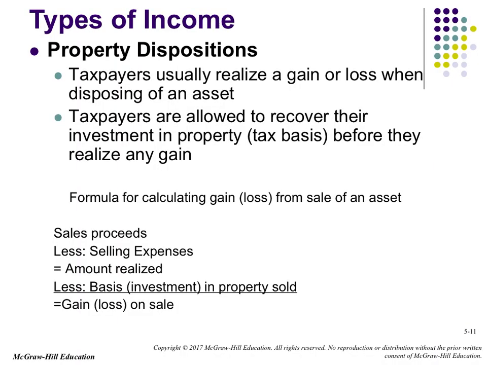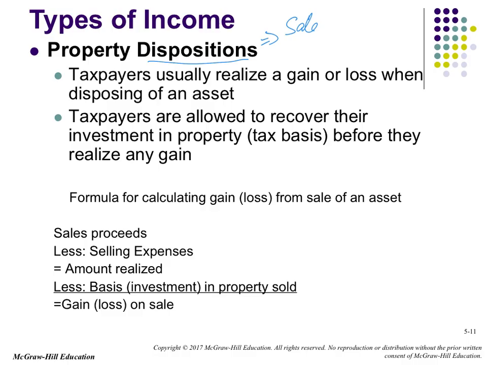Okay? Now, how else do we get income? Well, sometimes we sell something. All right? In the tax world, we call this a disposition. We could just say a disposition actually means a sale. Sometimes it means we donate it. A disposition is we're getting rid of it.